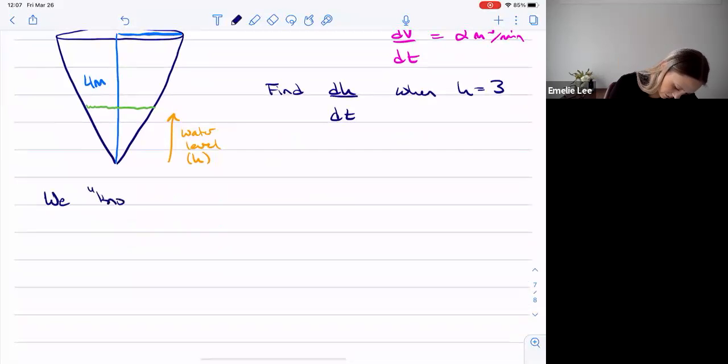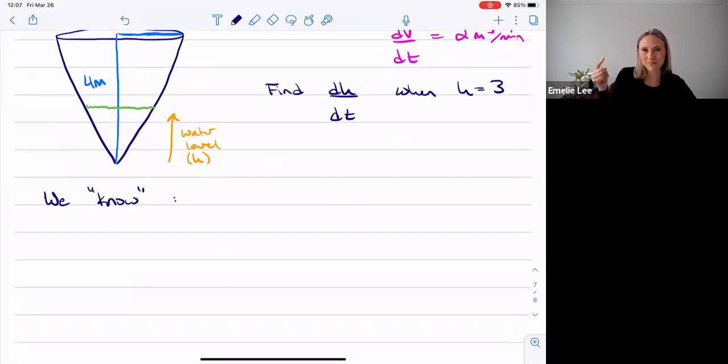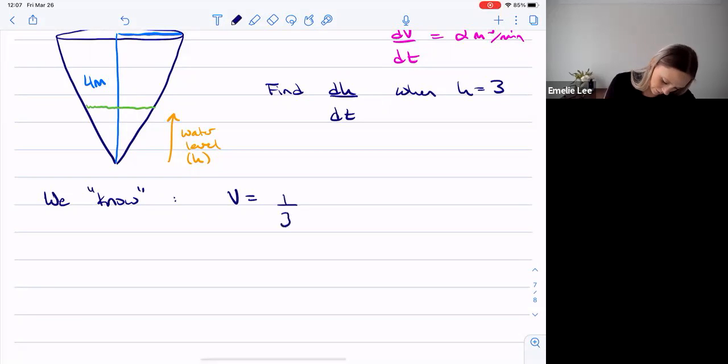We know, I'll put it in air quotes, because if you had asked me yesterday, I would not have been able to produce this equation. But now I will because I know we're going to use it. So the volume of a cone is 1/3 pi r squared h.